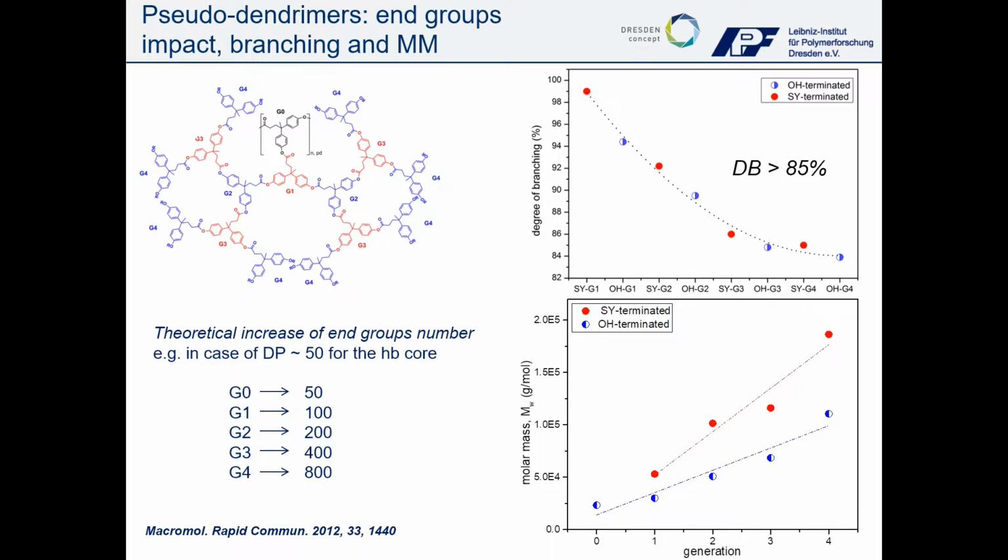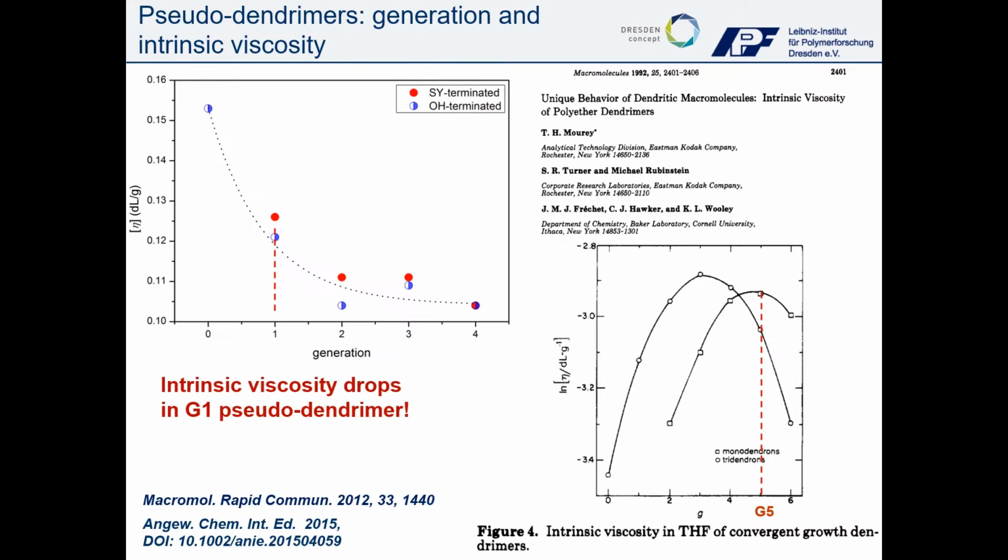This increase of functional groups is very well known from dendrimers, but what we can achieve here is also a very strong increase of the molar mass, which cannot be achieved with typical dendrimers. Furthermore, we have a degree of branching in this case which is slightly decreasing with the next generation because of spherical reasons, but we are still at a very, very high degree of branching, higher than 85%.